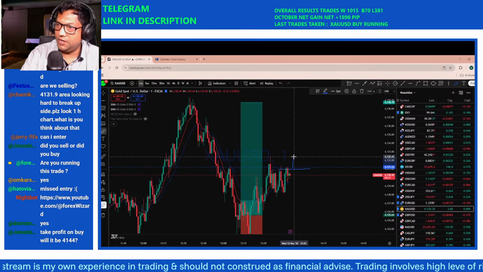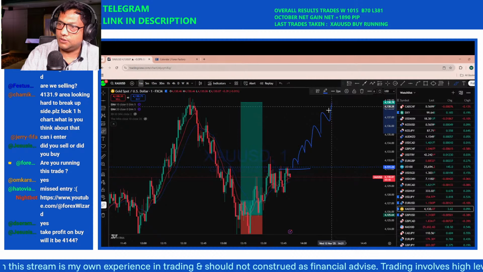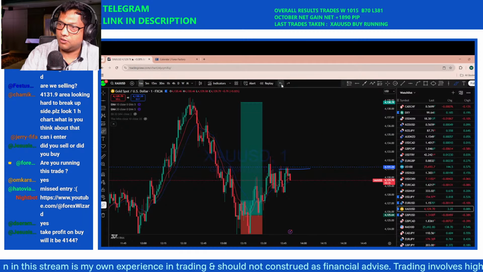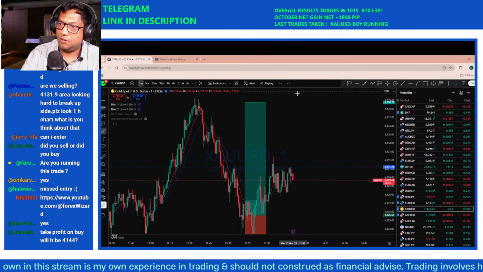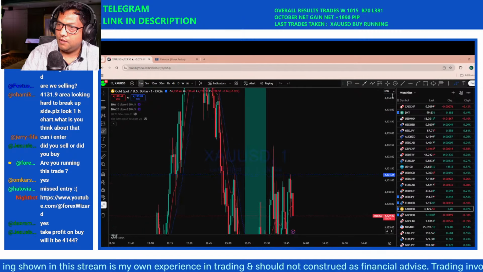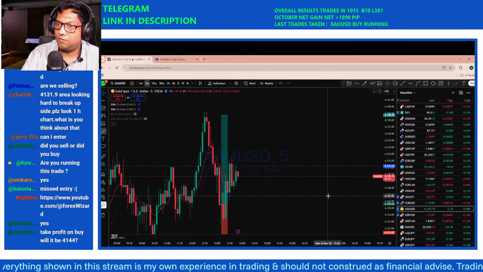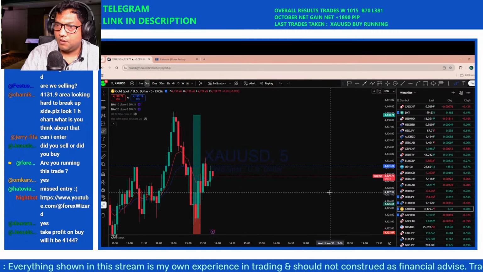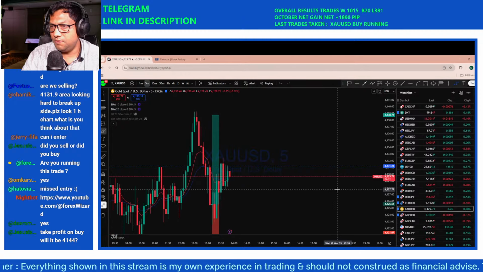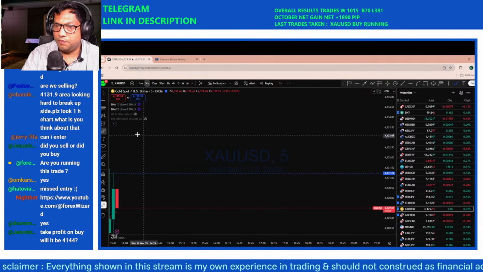So if it manages to break that resistance line, that's why we're looking at the market to go back to that level here. Now it isn't being bullish impressively.